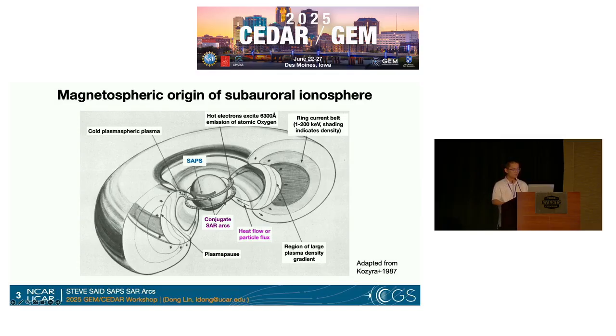The other is the thermodynamic interaction, basically the heat flux due to Coulomb collisions between the hot ring current and the cold plasmasphere. These are two separate mechanisms that would make a difference in the subauroral ionosphere, and they may account for the observed signatures.